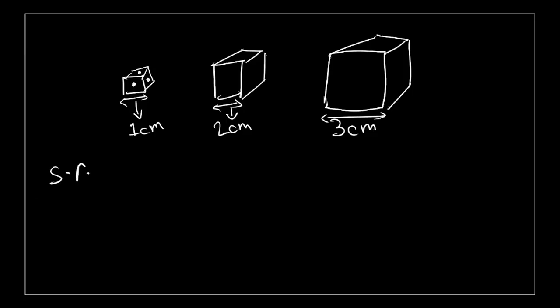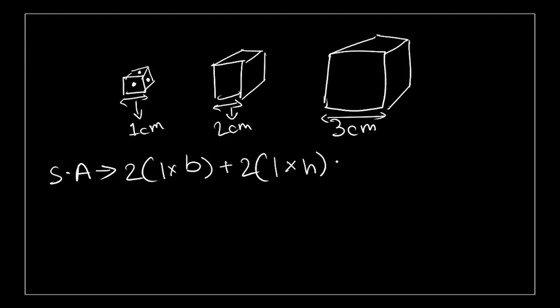So the formula of surface area is 2 into L into W, length into width, or breadth, plus 2 into L into H, length into height, plus 2 into breadth into height. It looks long, but it's really easy.